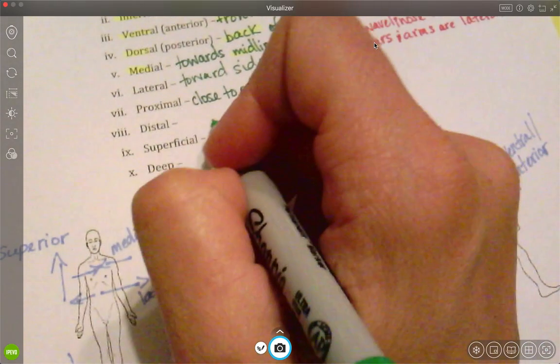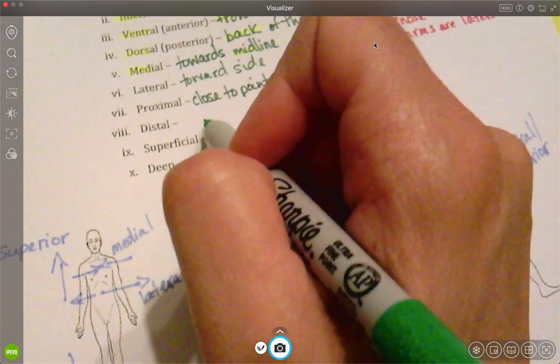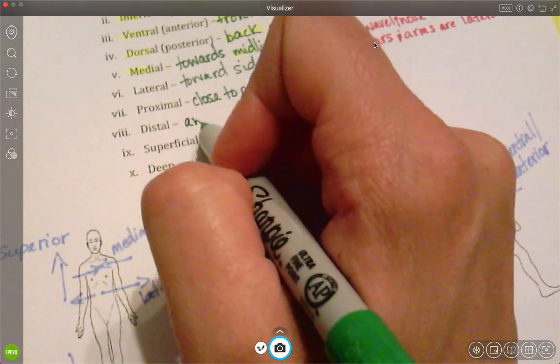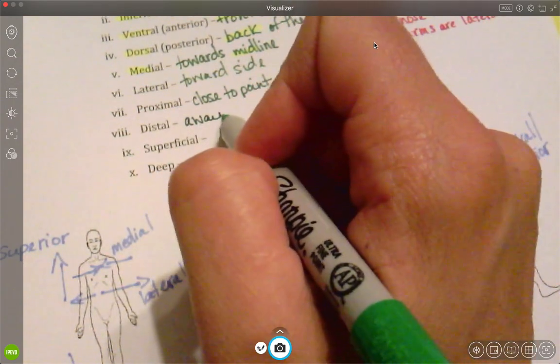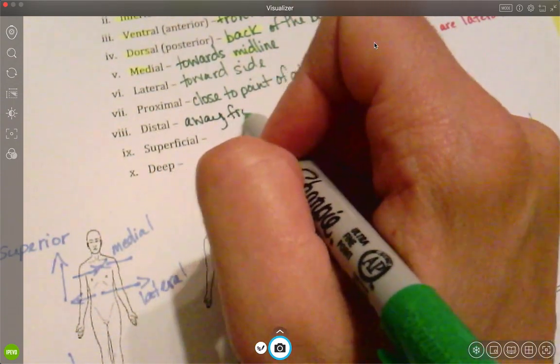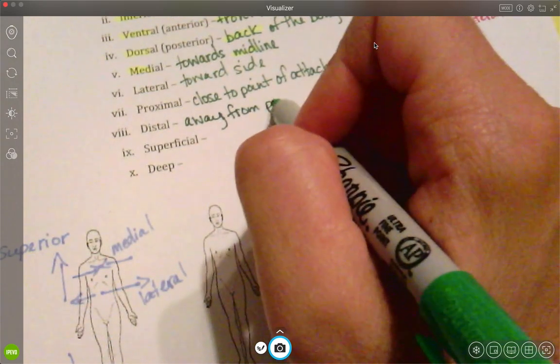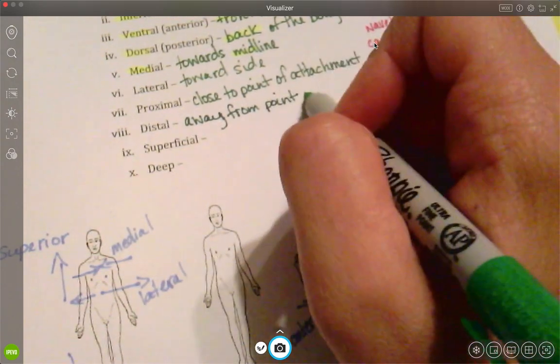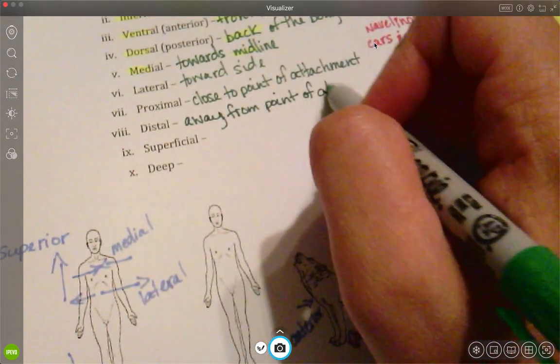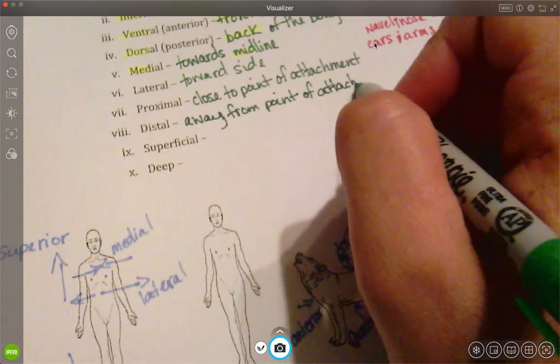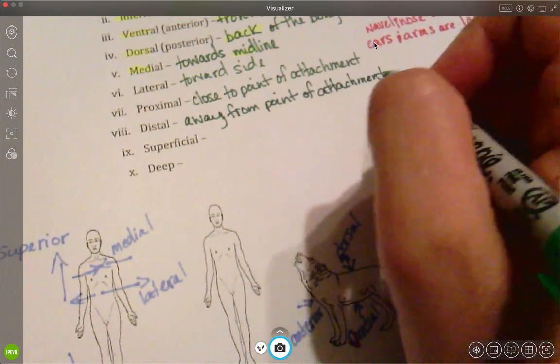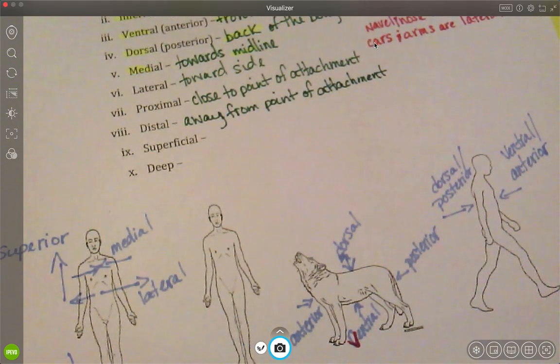And then we're going to do distal while we're here. Distal is away from point of attachment. And before I do my example, we're going to do this on the picture.